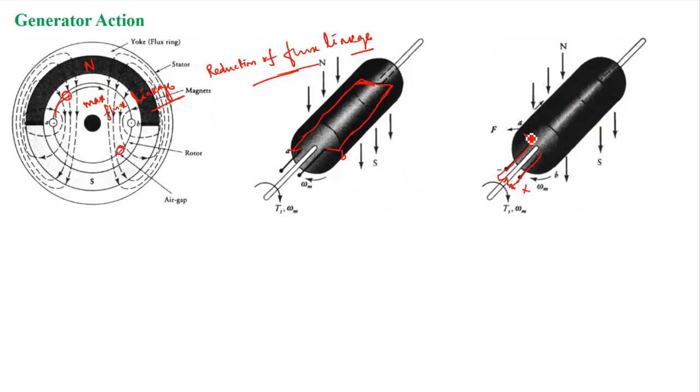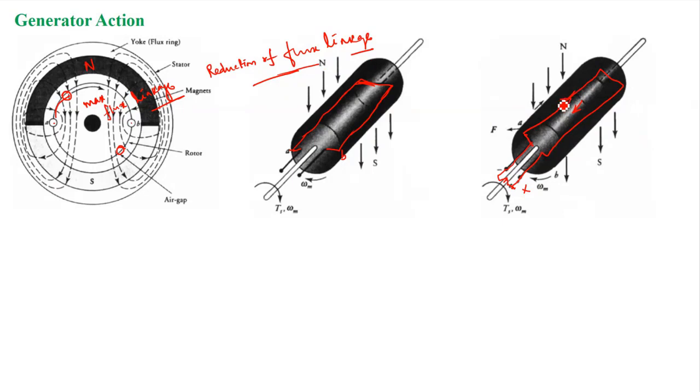That means from A to B. That means from A to B it should flow, right? So if it flows from A to B, then the main flux in this coil will strengthen. That means it will increase, right? That means it is opposing the reduction of the flux linkage, right?